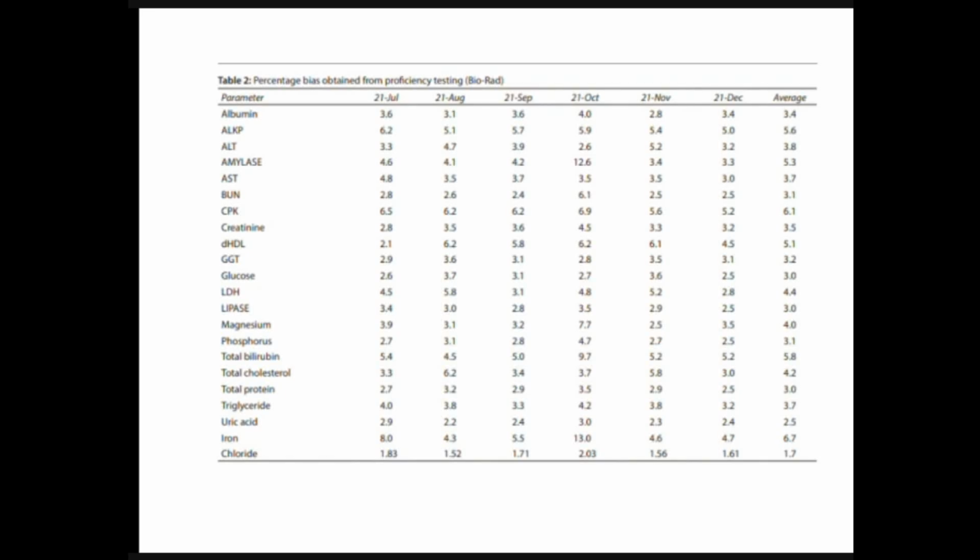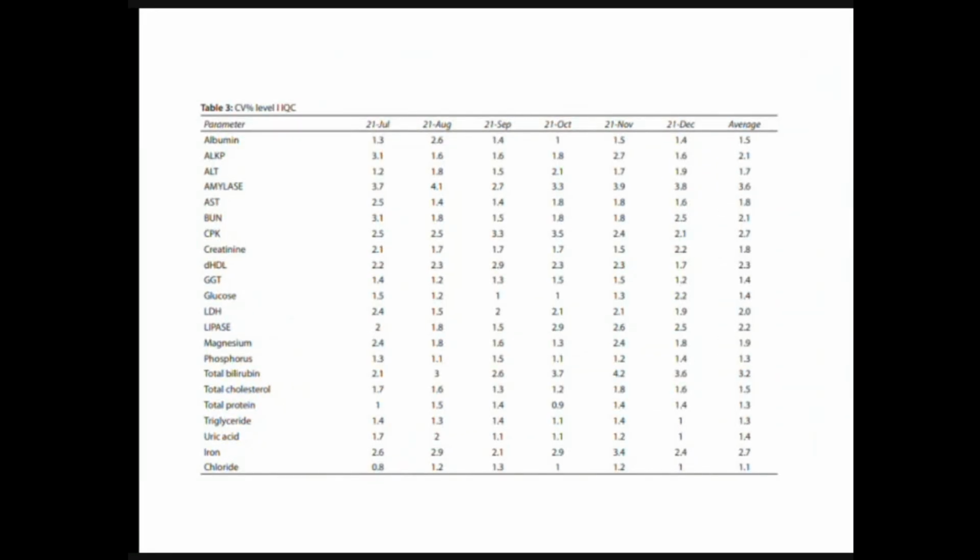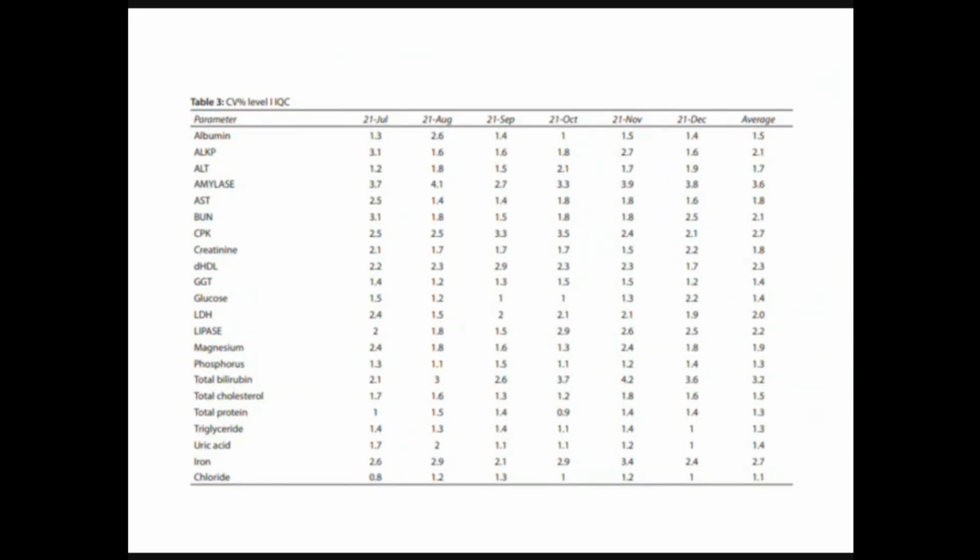The average starts from around 1.7 for chloride, and finally it is 6.1 for CPK. That is how different percent bias values are there in the table.